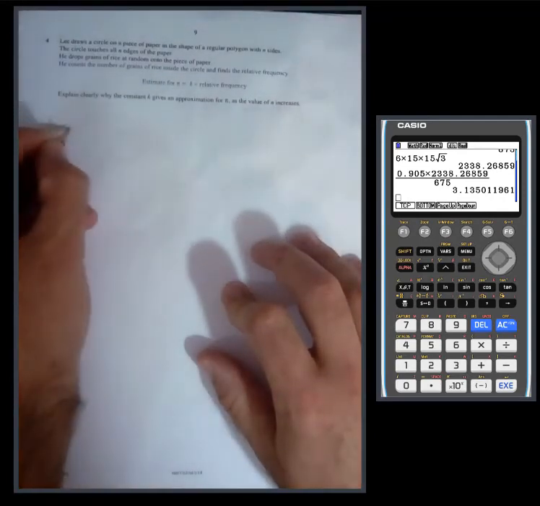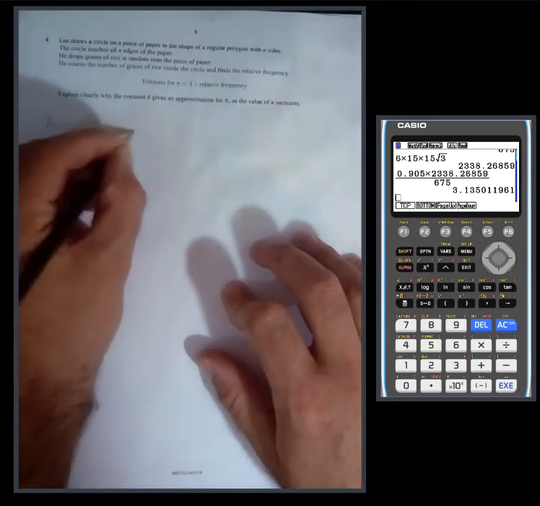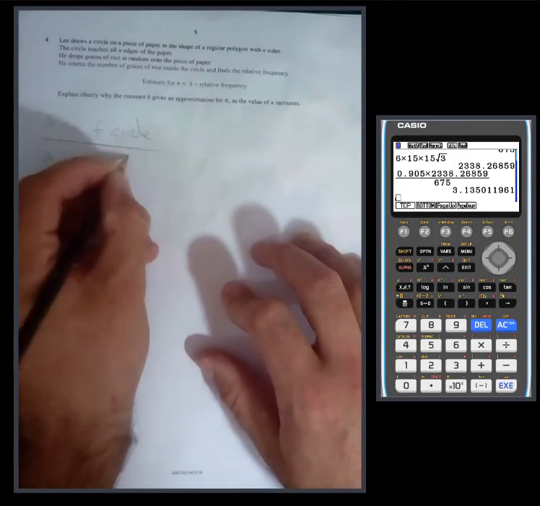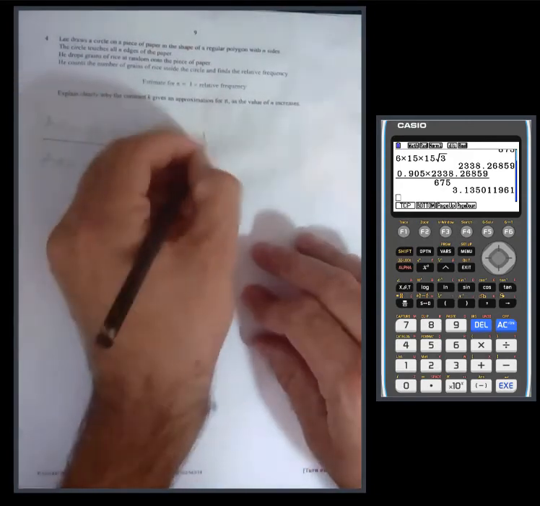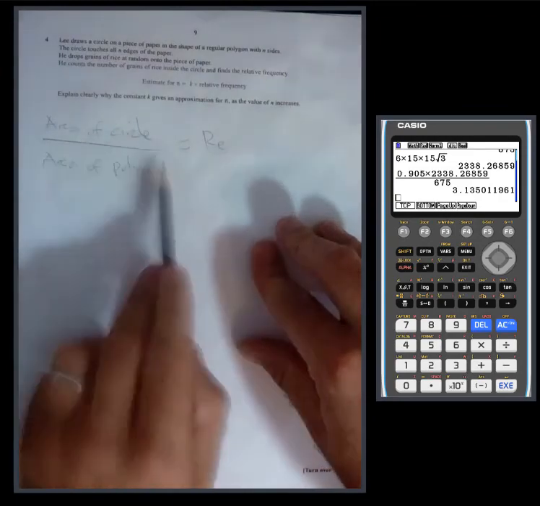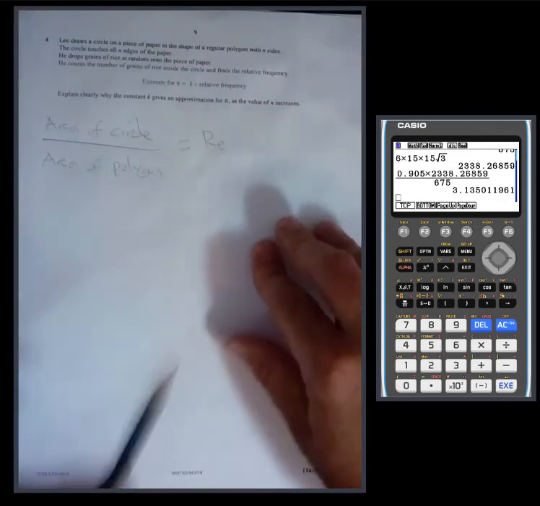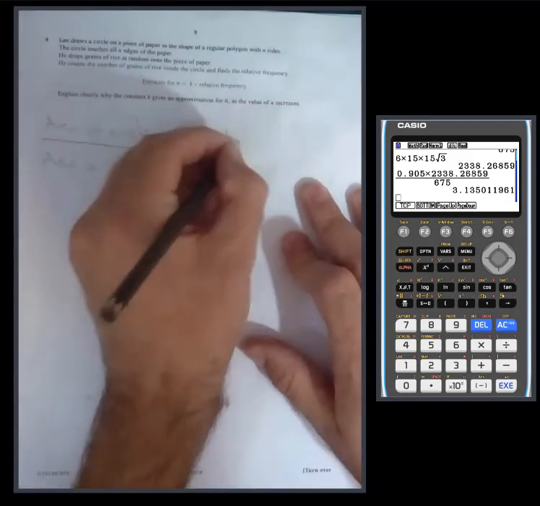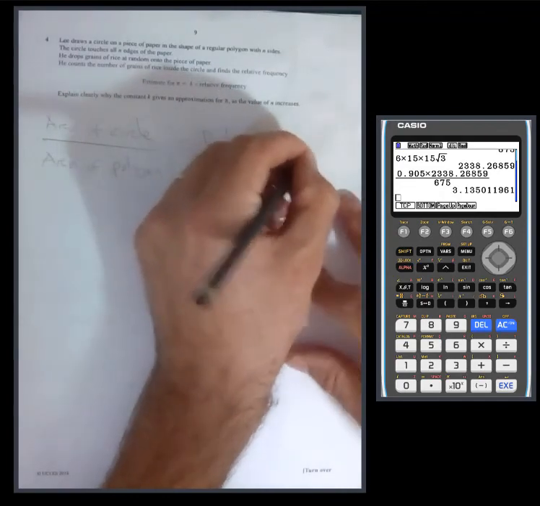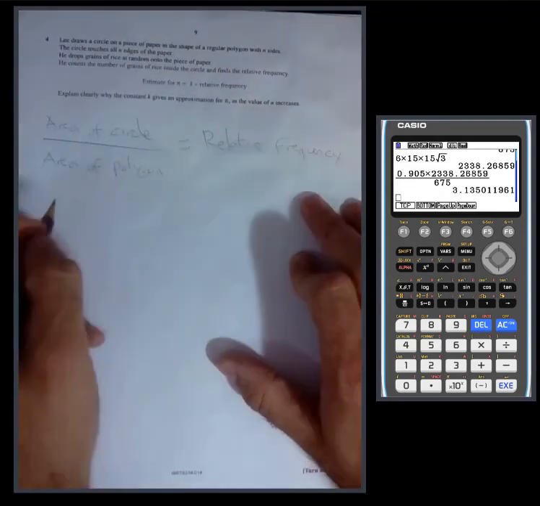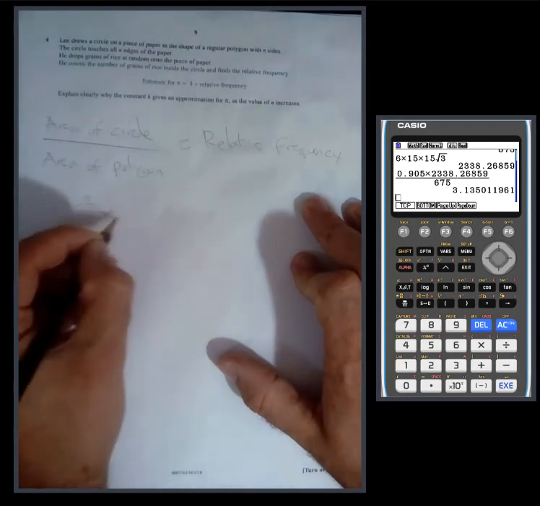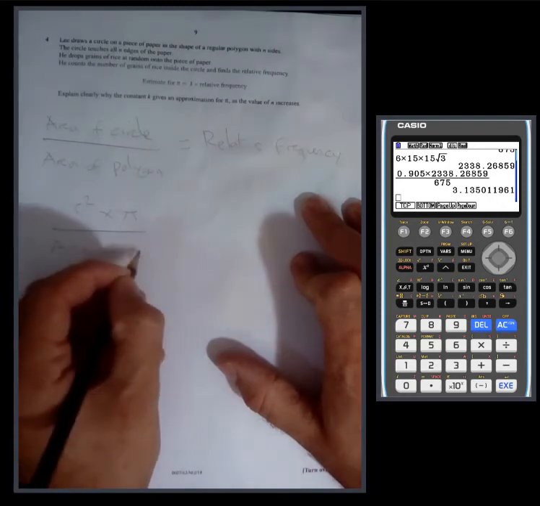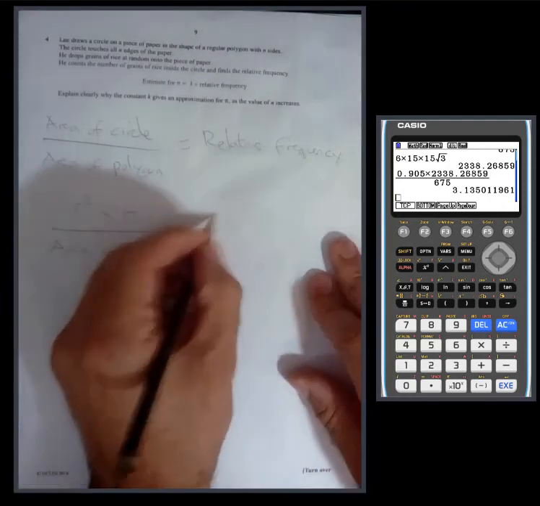So remember, area of circle over area of polygon, we're saying that equals relative frequency. Well, that's our best approximation. So the theoretical probability that the rice will land in the circle equals relative frequency, as in the experimental probability that it actually did. So our area of circle, remember, is r squared times pi over area of polygon equals relative frequency.